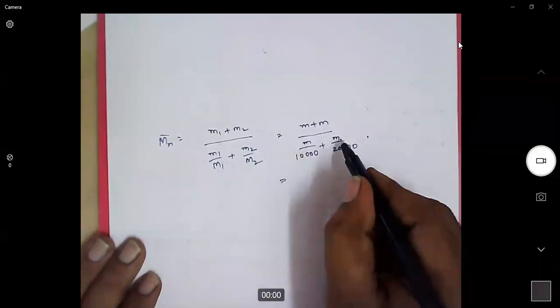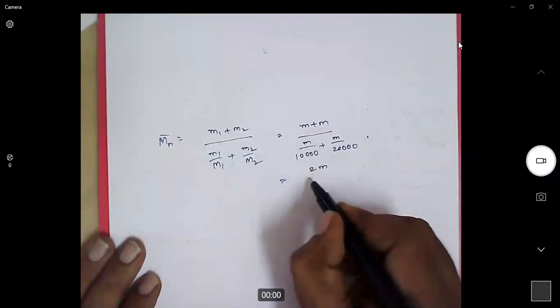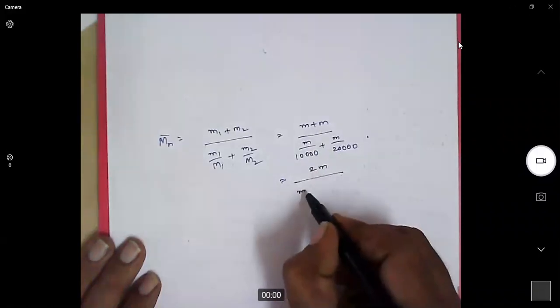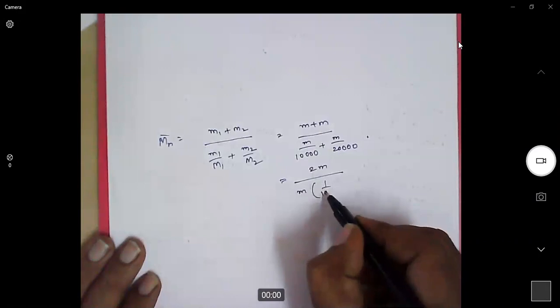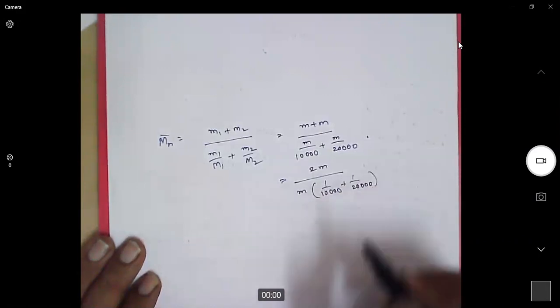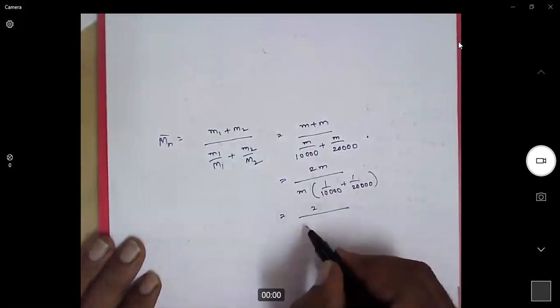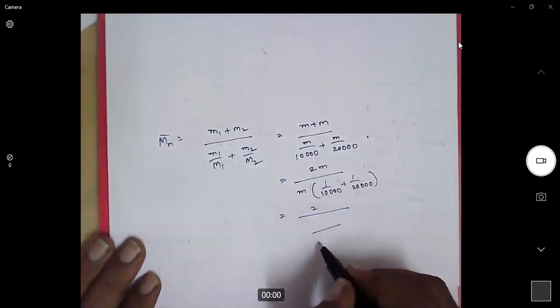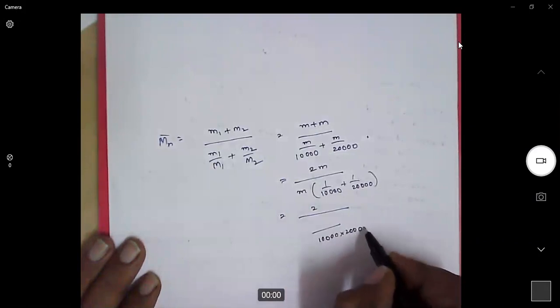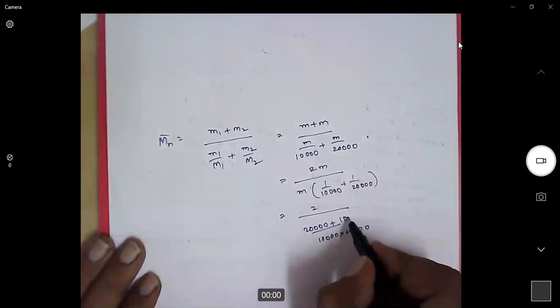So 2m by, making m a common factor, when we solve this, 2 by, what is the LCM? 10,000 into 20,000.